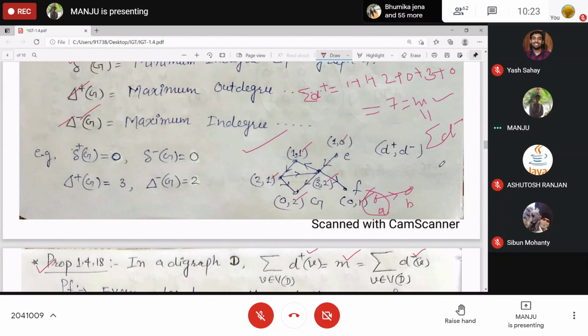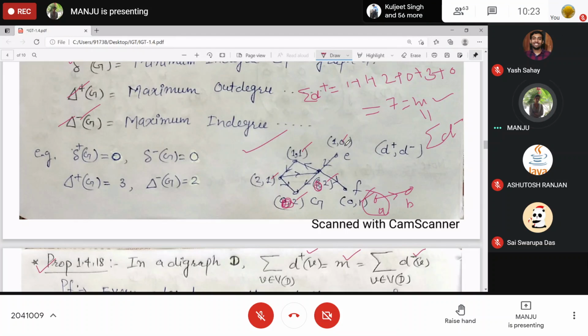Now for this graph, what is the maximum out degree? 4? No, ma'am, three. Here I changed one direction. In the earlier graph we had 4, but here I changed this direction, and now it's 3. So the maximum out degree is 3. Minimum out degree is 0.